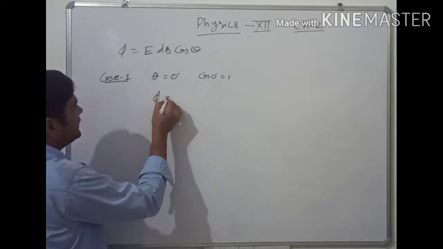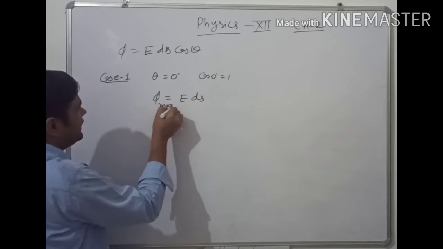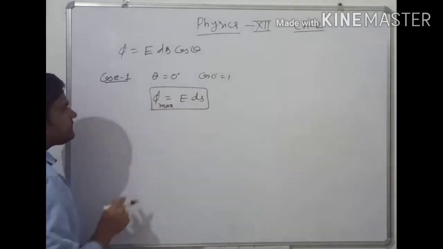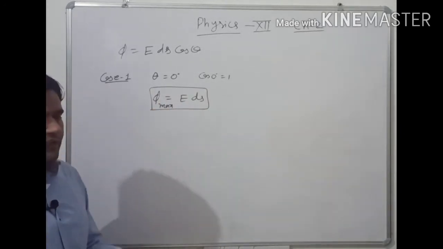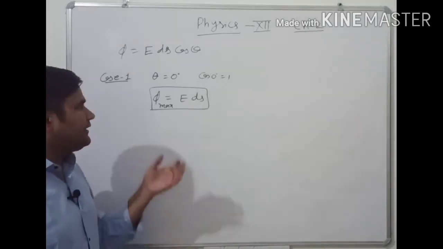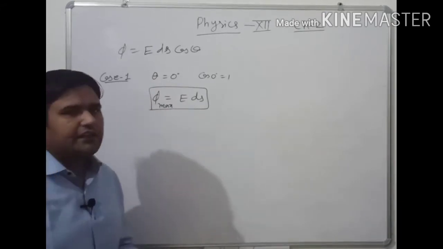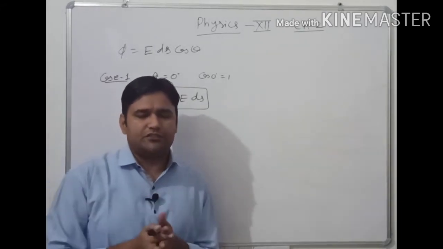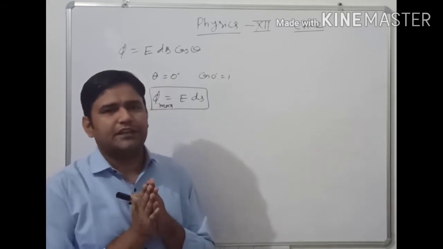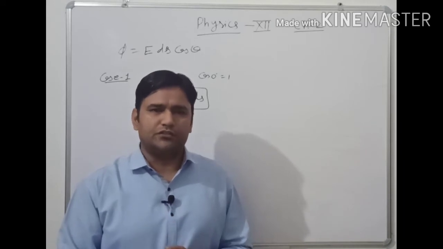Phi is then written as E ds, which is the maximum value of this flux. Clear. It means this is the case when the flux is maximum. In the definition, I am considering the number of electric field lines perpendicular to that particular closed surface.